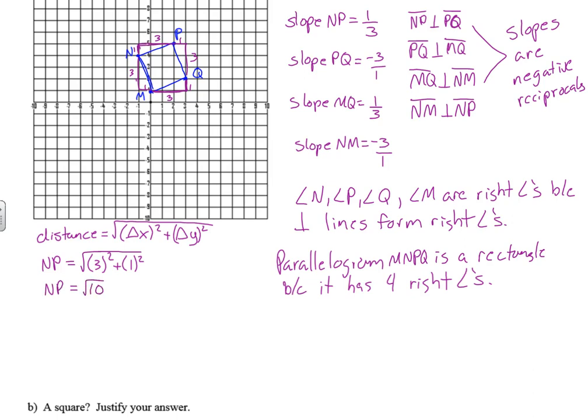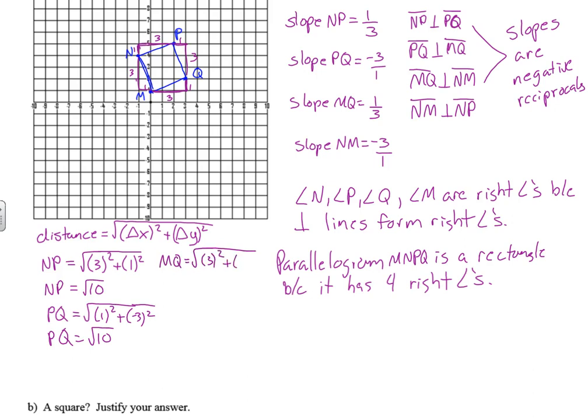So the next one, let's do PQ. How's the x value changing? Well, it's just going over 1. 1 squared. What's the change in y? We're going down 3. If you want to put it in as negative 3 squared, you can. Sign isn't going to matter because when we square it, it will become positive. So we got PQ is square root of 10. Now we got MQ. The change in x is 3.